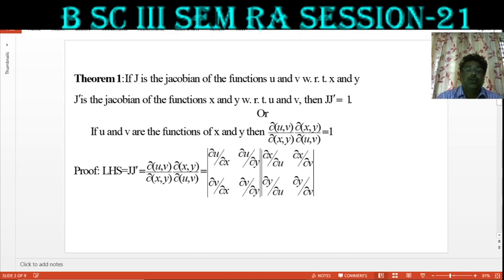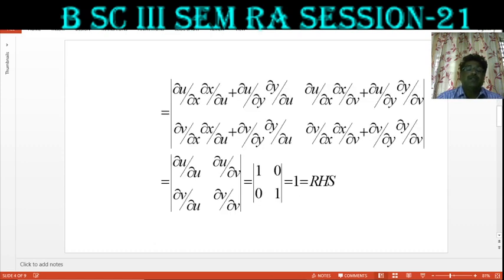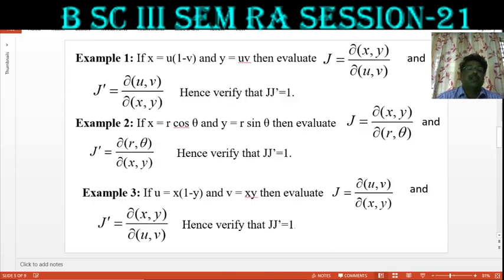It is the determinant of ∂u/∂x, ∂u/∂y, ∂v/∂x, ∂v/∂y, multiplied by the determinant of ∂x/∂u, ∂x/∂v, ∂y/∂u, ∂y/∂v. Multiplying these two determinants, we get the first entry ∂u/∂u, then ∂u/∂v, ∂v/∂u and ∂v/∂v. ∂u/∂u is 1, ∂u/∂v is 0, ∂v/∂u is 0, and ∂v/∂v is 1. Simplifying this determinant, we get 1. That is the RHS. Now this is the proof of the first property.